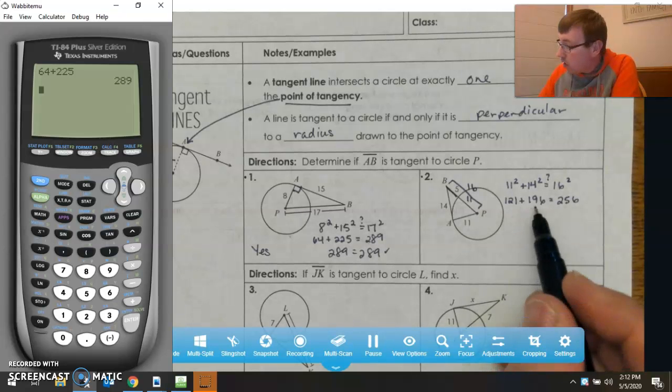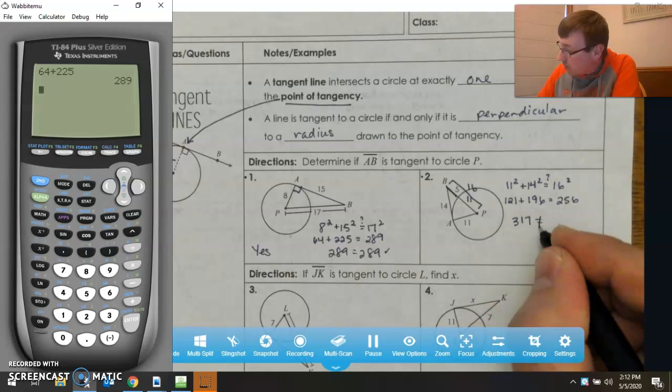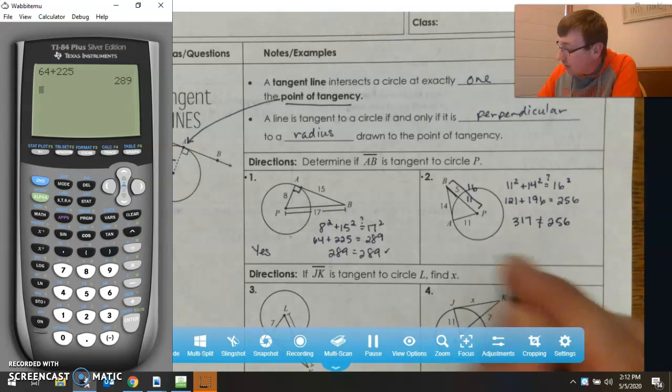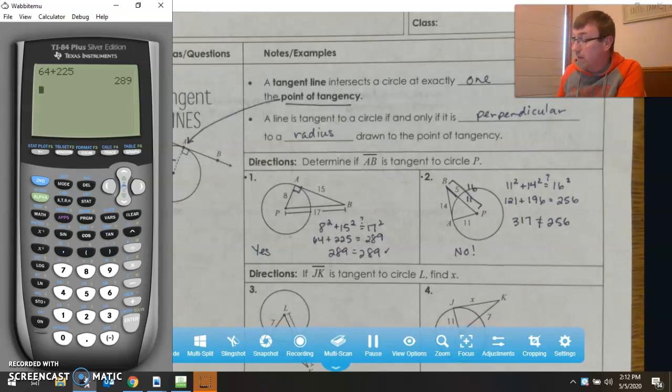Okay, 121 and 196 would be 317. 317 does not equal 256. So AB is not perpendicular to or tangent to circle P there, because they're not perpendicular. It does not fit the Pythagorean theorem.